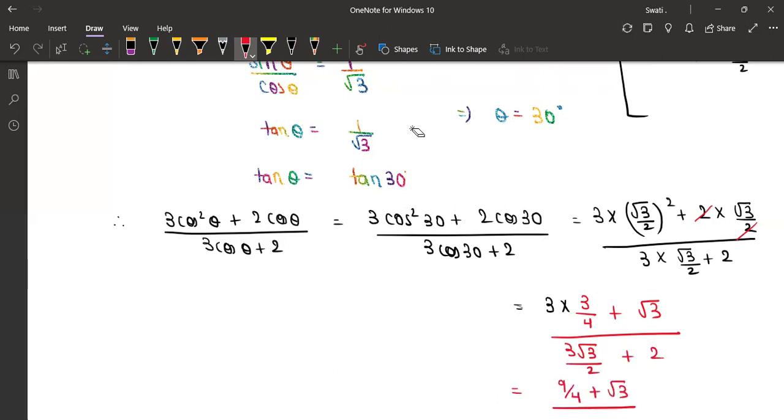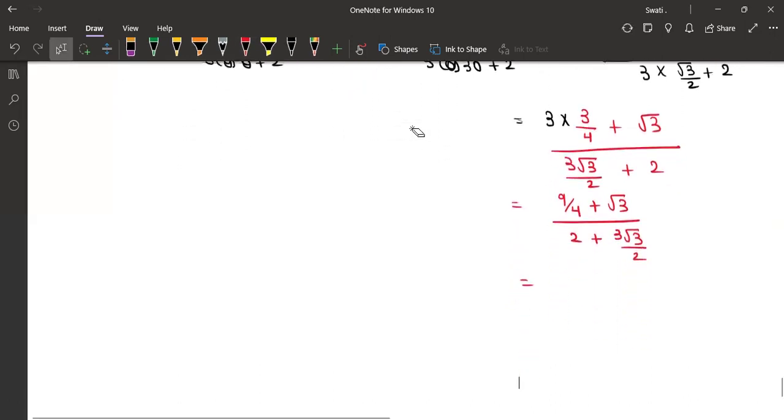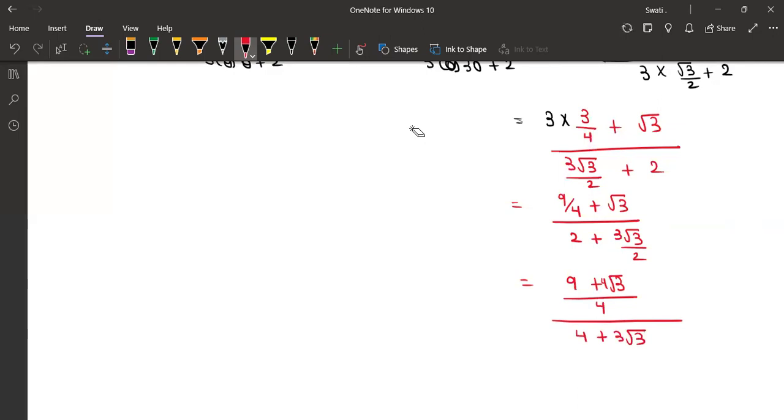And here, if I write the rational number first and the irrational number in the second position, that is also okay. So 3 root 3 by 2. Now if I take the LCM in the numerator, here you have to do a little bit of work to simplify this expression. So 9 plus 4 root 3 upon 4, and then in the denominator, if you take the LCM, 2 times 2 is 4, plus 3 root 3 upon 2.